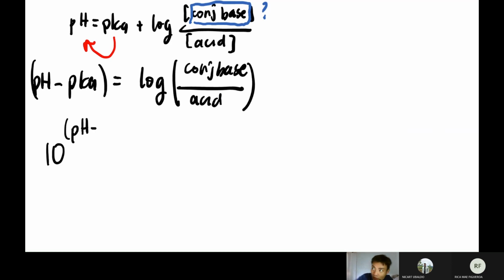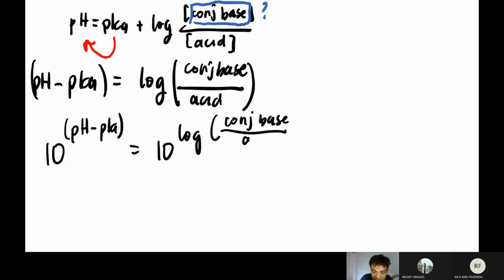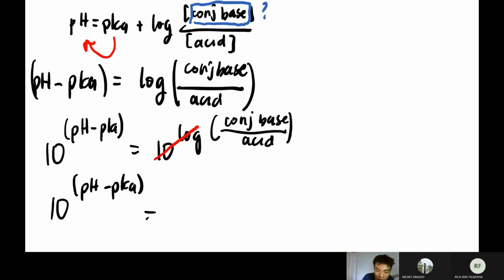That's yung exponent mo ay kung ano yung given mo doon. So this is 10 raised to log conjugate base over acid. Then what will happen? Yung log pati yung 10, they will counter each other. Magka-cancel sila. So you will be left with 10 raised to pH minus pKa equal to the concentration ng conjugate base over the acid.